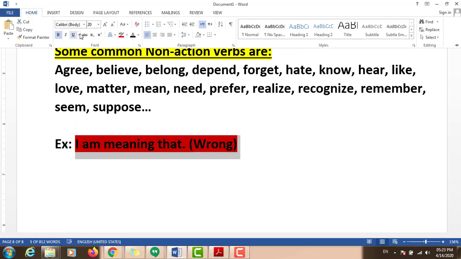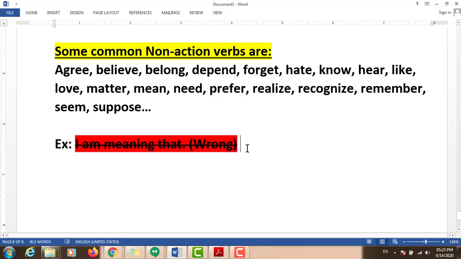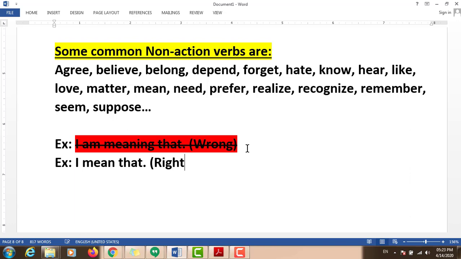All right. So this is a wrong sentence. You cannot use this verb mean because it is a non-action verb. Then how do I say it? The right one, for example: I mean that. I mean that. Simple present. Okay. So this is what kind of sentence? It's the right one.